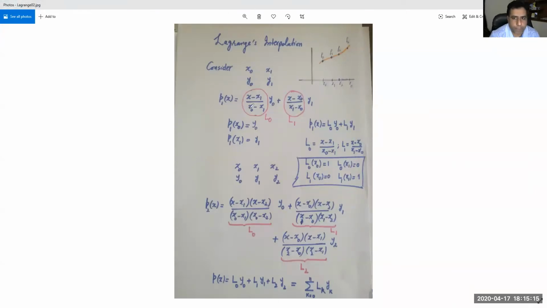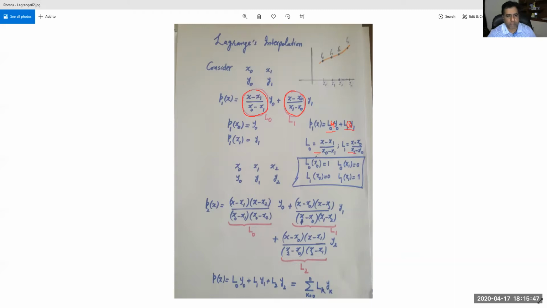So coming back to first degree polynomial, if we write this factor as L0, and this factor as L1, we could write this as P1 of x equals L naught y naught plus L1 y1. Of course, this L naught is actually a function of x. For the sake of brevity, I have just written L0 and L1, where L naught is this, L1 is this.